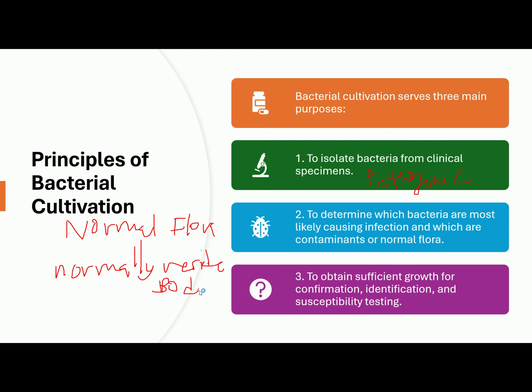The most common normal flora that you will encounter based on your lecture is Staphylococcus aureus. It is found on the skin and even other body parts. We need to do this culture to differentiate if it is a normal flora bacteria or a pathogenic bacteria.